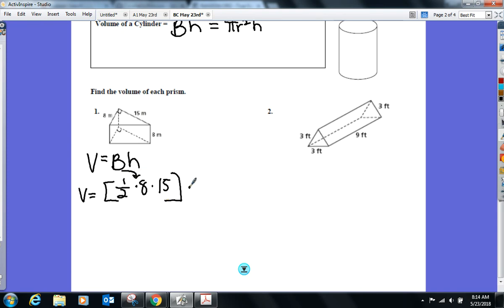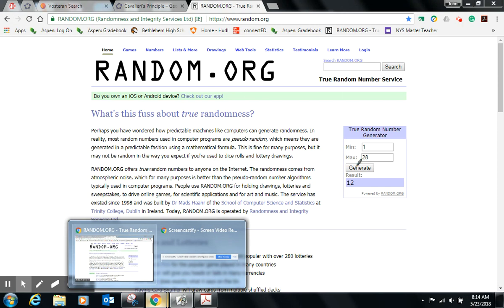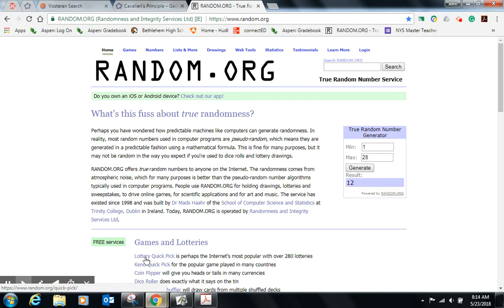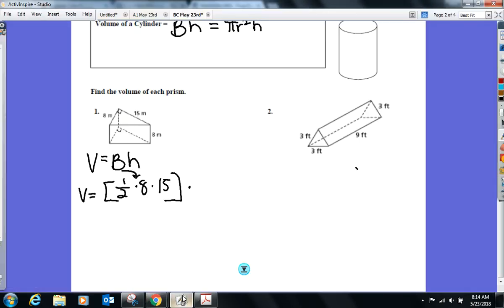Times the height of the prism, not the height of the base. Height of the prism. What is the distance between the two triangles right now? What's that distance? 8. Yep, right here. That's the height.